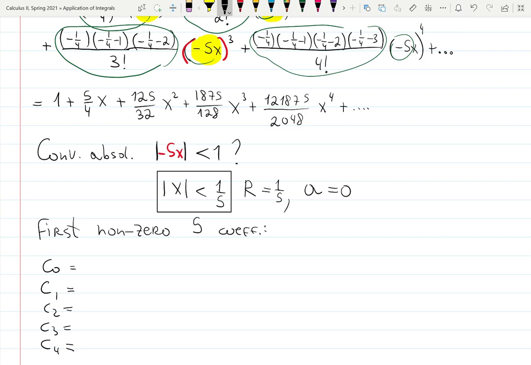Those are my 5 ones. How do you find these? Those are coefficients which you calculated separately. And now you can write them down. It's going to be 1, 5/4, 25 over 32, 1875 over 128. Who is faster? 1875 over 2048. I'm faster. Good.